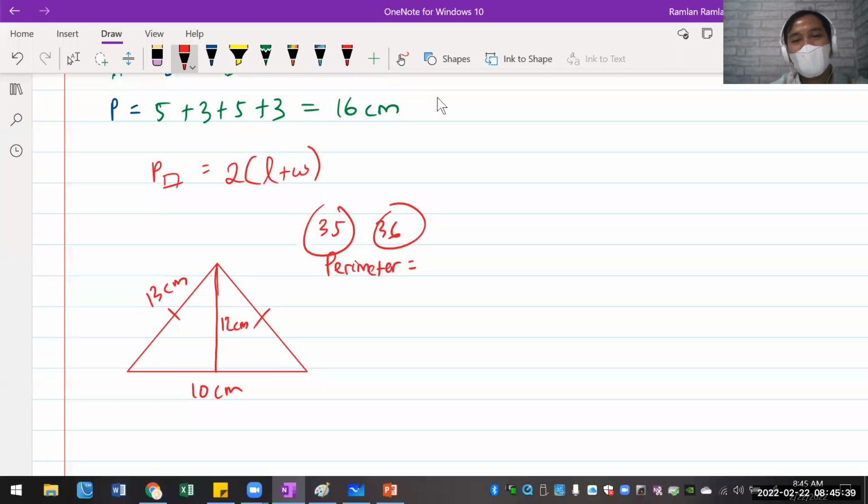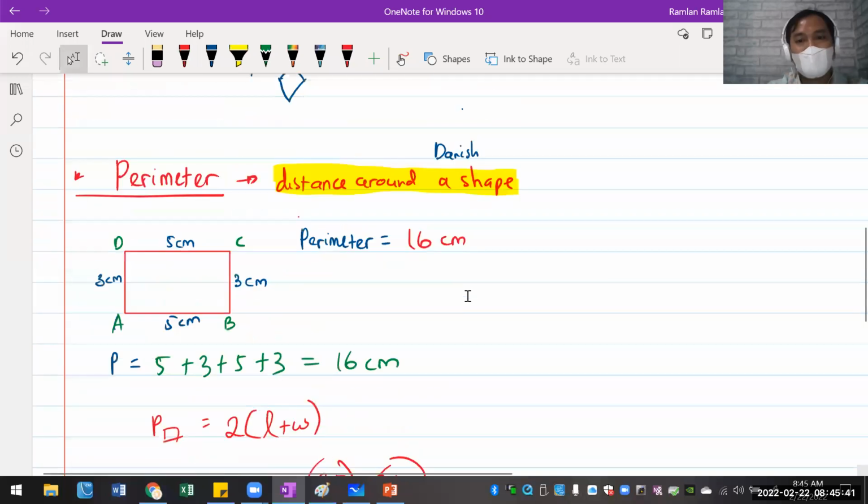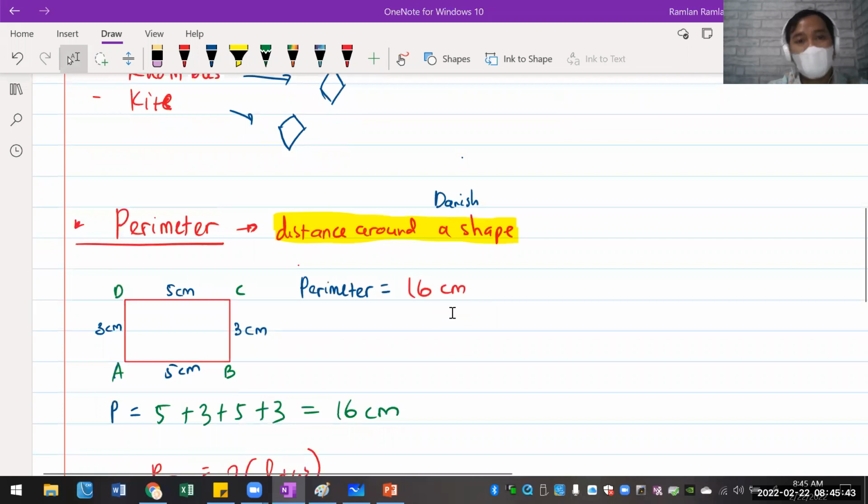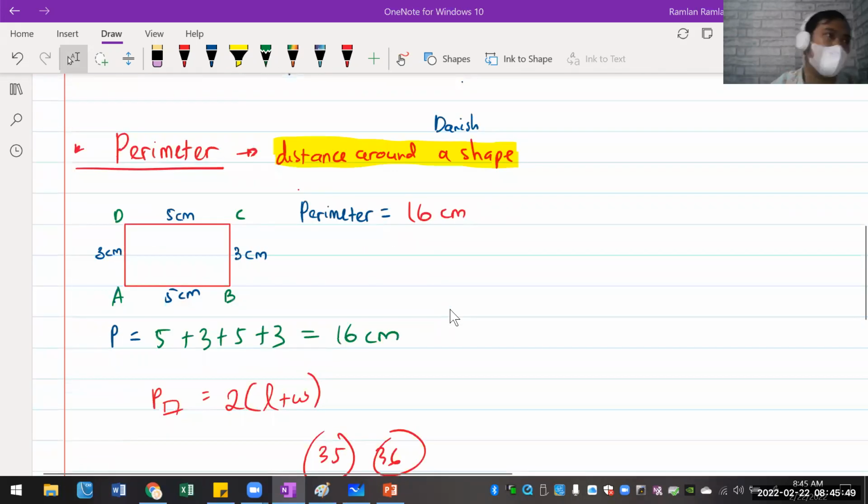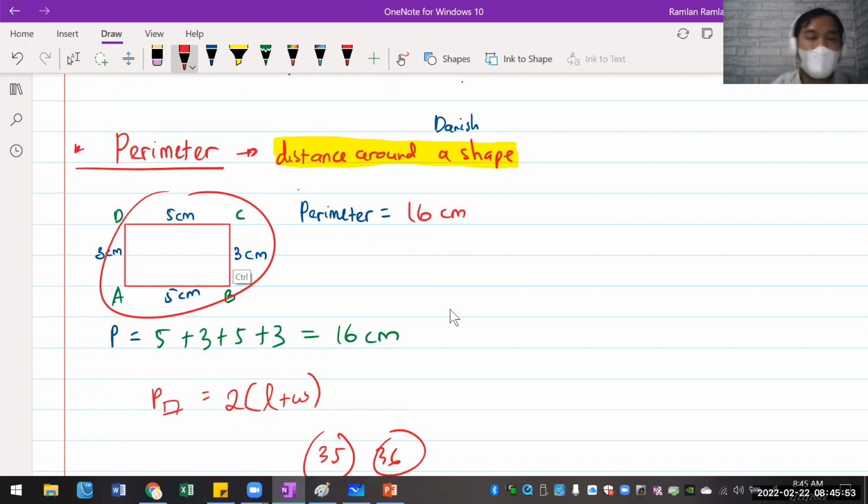Again, the definition of perimeter itself: the perimeter is the distance around a shape. So for instance, if this is a soccer field, this one is a basketball field, and you were told to run around the field like 2 or 3 times, where will be the track of your running?